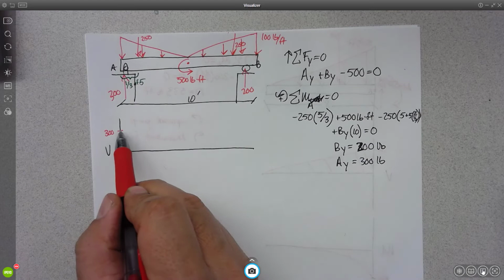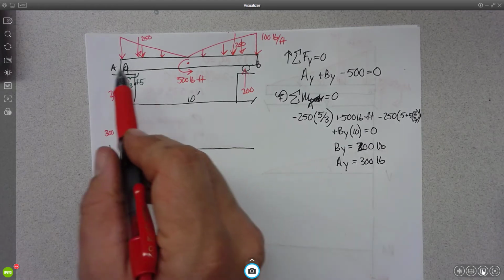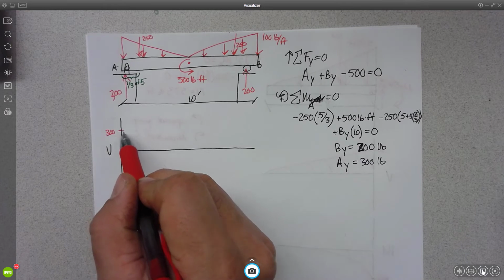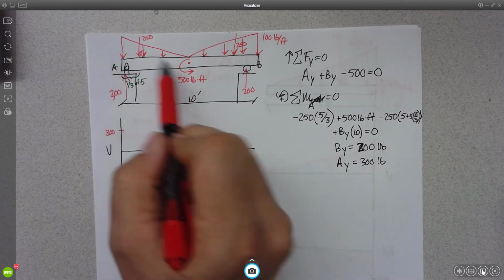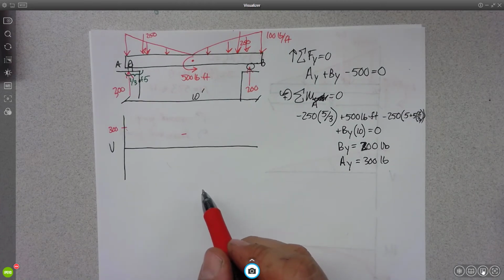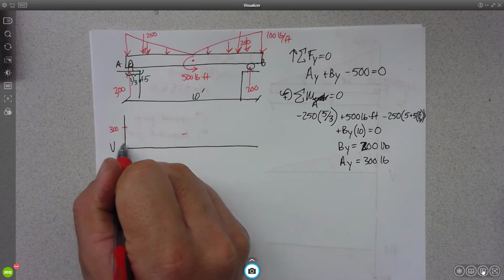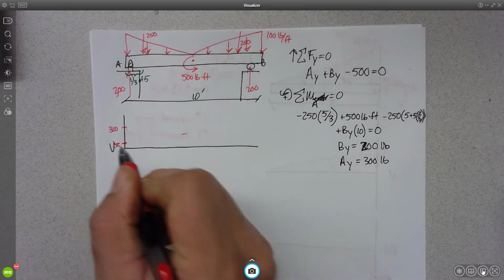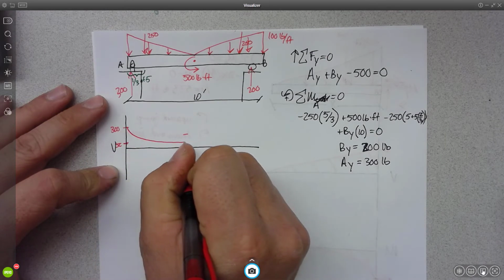So that means I have a concave up curve because my slope starts negative, and by this point over here, it's going to be flat. But how much is my change? 250. So I'm going to end up at 50. And I think I'm going to do something like that.